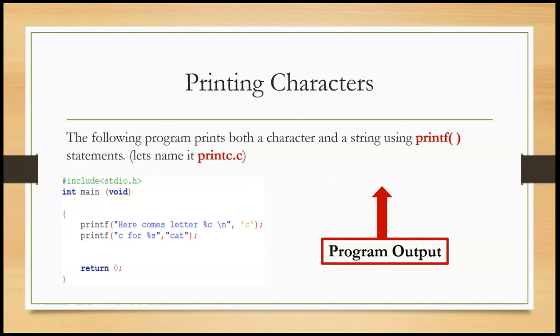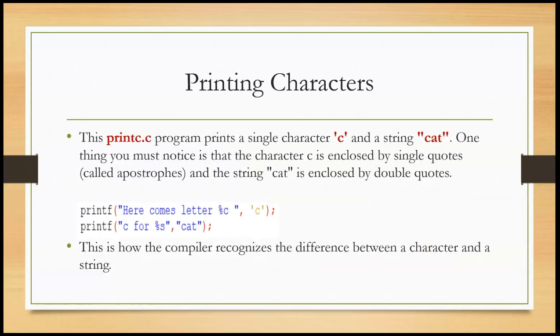When you build and run this program, it gives the output. Here comes letter C, C for cat. This printc.c program prints a single character C and a string cat. One thing you must notice is that the character C is enclosed by single quotes called apostrophes and the string cat is enclosed by double quotes.